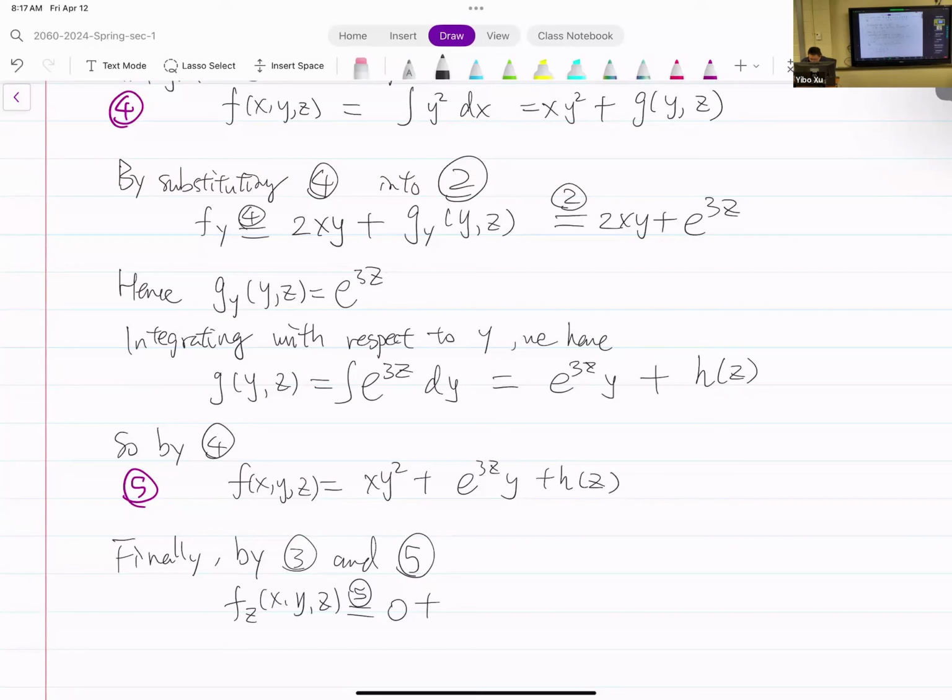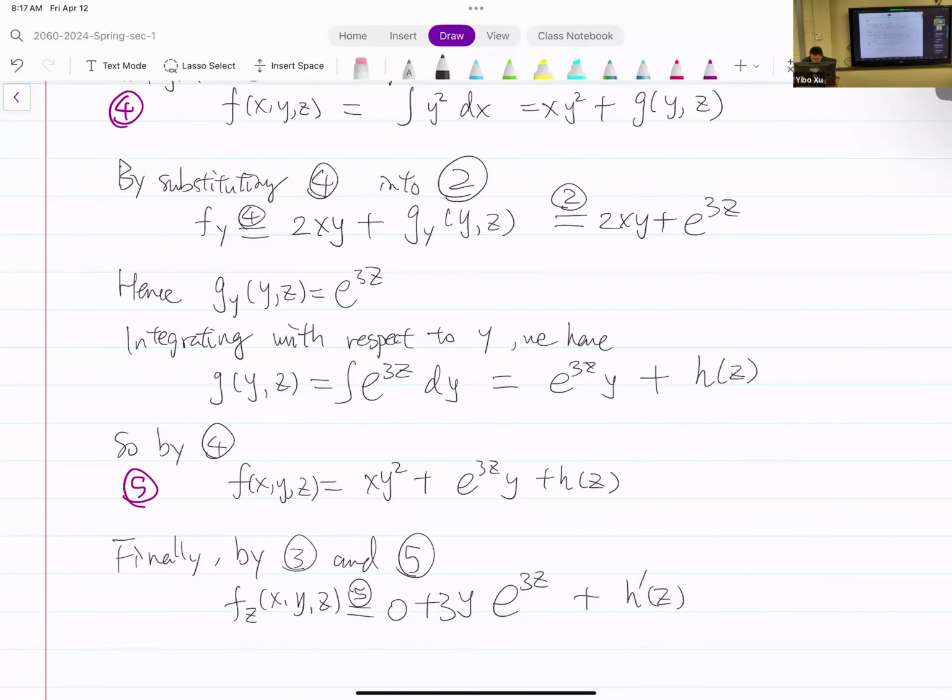And now e to the 3z times y, right? Now y is treated as a constant, and e to the 3z is a composition. The inner is 3z, the outer is e to something. So the derivative of that is e to something, substituting the inner, and then you multiply by the derivative of the inner. Finally, for h of z, it's a univariate function. It's going to give you h prime of z if you do the partial derivative.